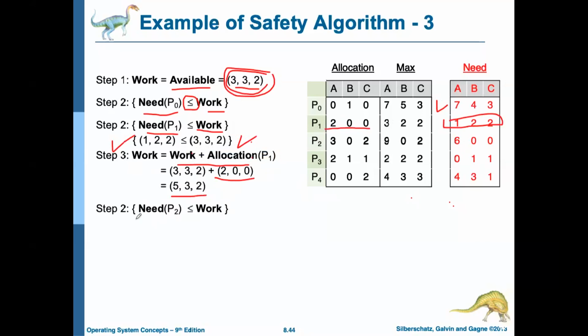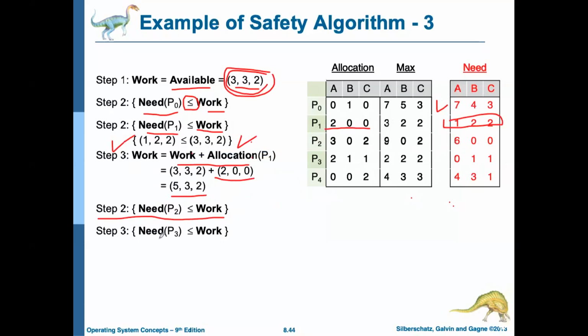Done that, and then go to step 2, another process, which is P2. Check, the same thing, they are repeating. And then step 3: check this need, it doesn't match, because it's 6.